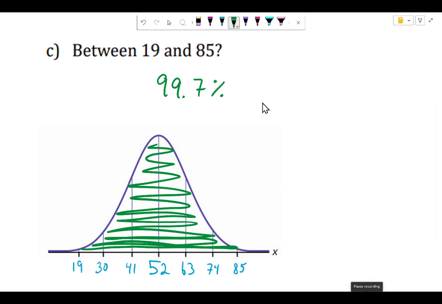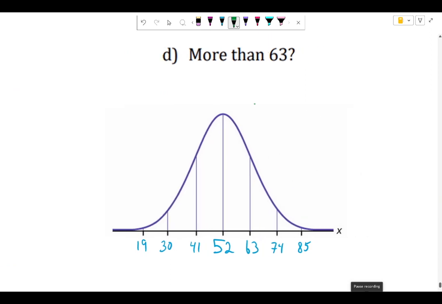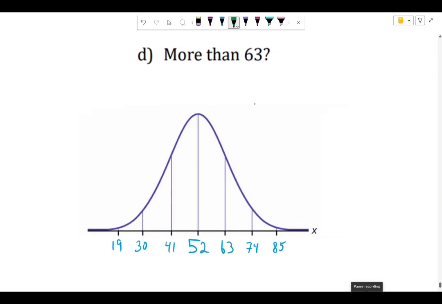Part D asked us to find the percentage of data values that are more than 63. And this is where it gets a little bit complicated. More than 63 means all the values to the right of 63.